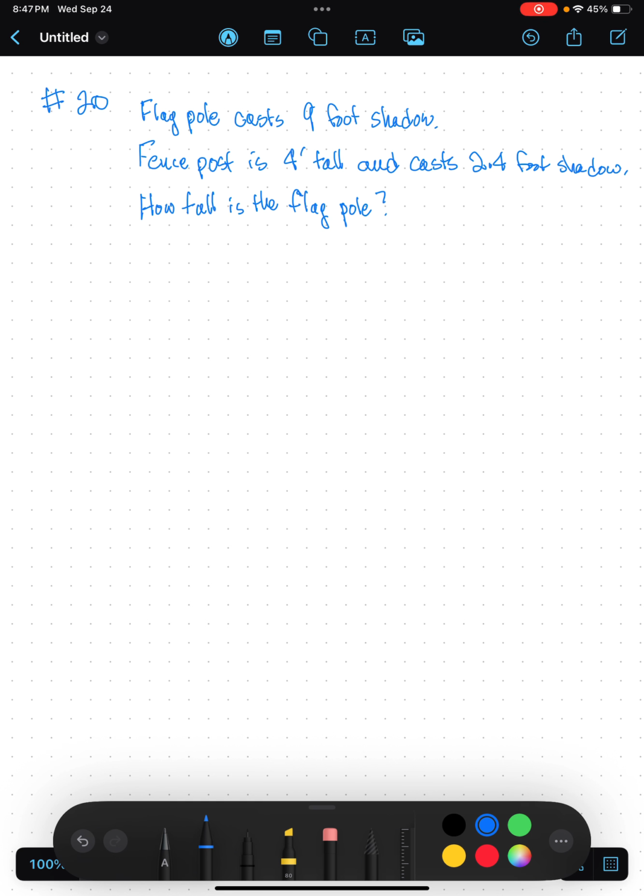We are interested in a situation where a flagpole casts a 9 foot long shadow, the ground is level, and the flagpole is perfectly vertical. We don't know how high the top of the flagpole is. Then there's a fence post that we do know how tall it is: 4 feet tall, and it casts a 2.4 foot shadow.